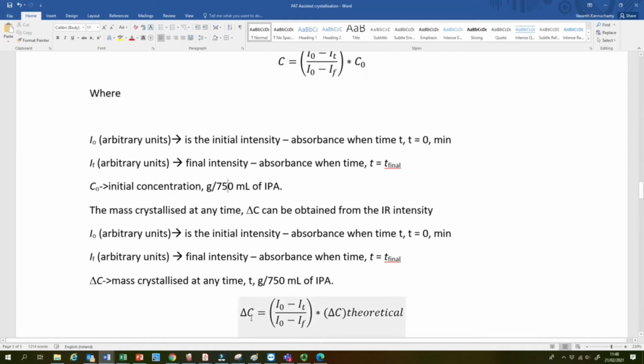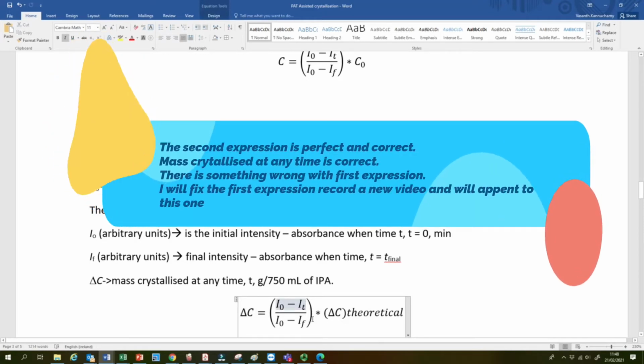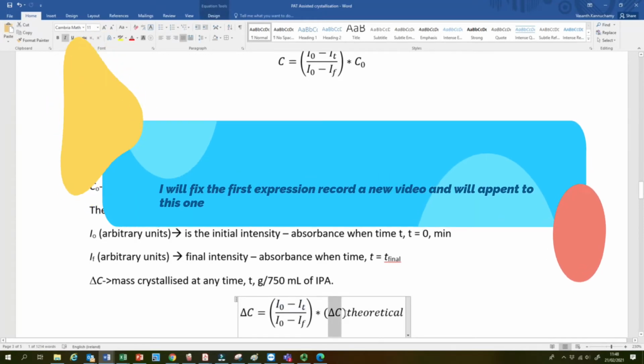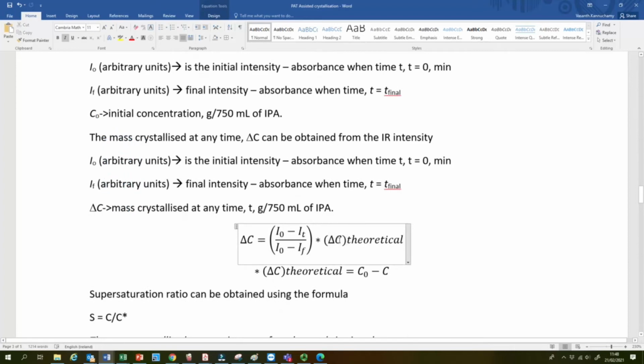All you need to apply is that the mass crystallized at any time equals this value multiplied by the theoretical amount of mass that you can crystallize in the solution. So this should be equal to C0 minus C star, which is your initial concentration minus your solubility concentration.